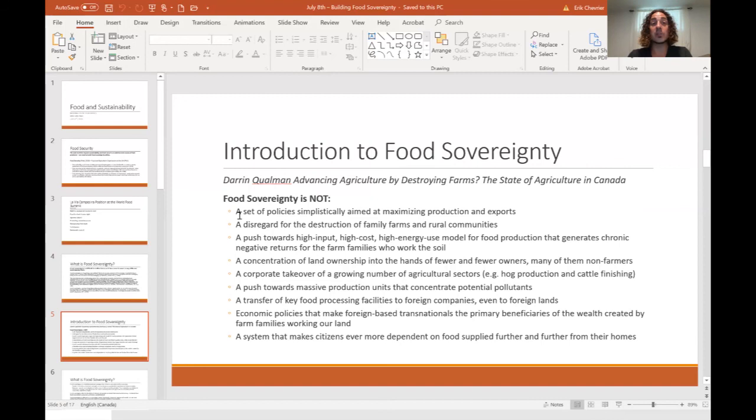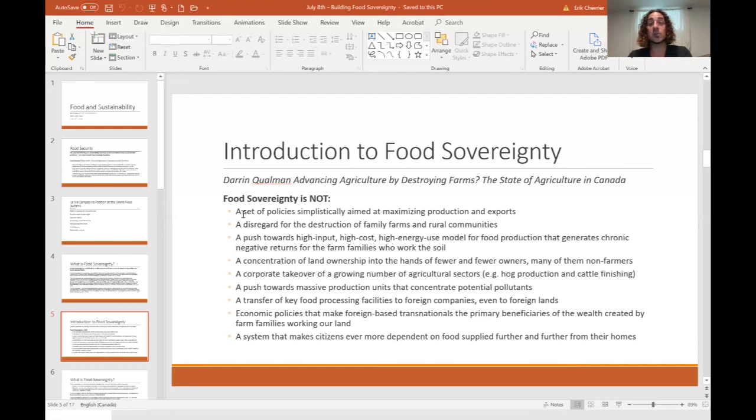So food sovereignty is not just a set of policies simplistically aiming at maximizing production and exports. It's not a disregard for the destruction of family farms and rural communities. It's not a push towards a high input, high cost, high energy use model for food production. It's not a concentration of land ownership into the hands of few. It's not a corporate takeover in a growing number of agricultural sectors.